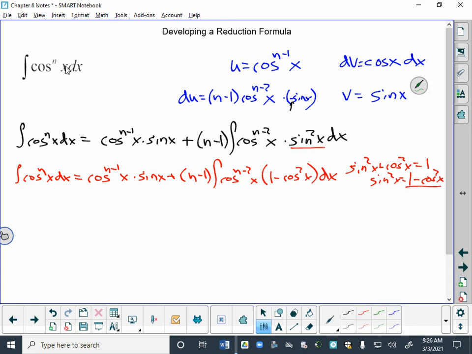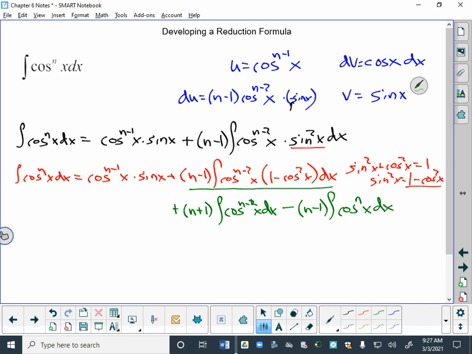We will split this piece into 2 different integrals, one that looks like n minus 1 times the antiderivative of cosine to the n minus 2 x dx, and then we've got a minus n minus 1 times the indefinite integral of cosine to the nth of x dx.